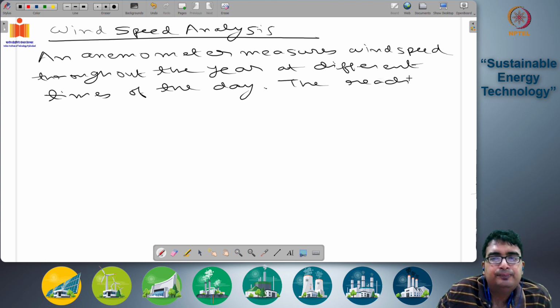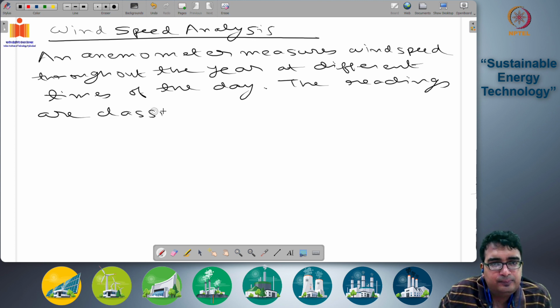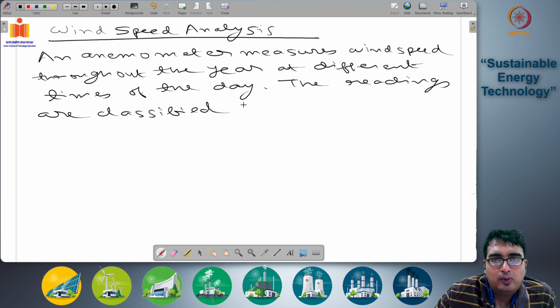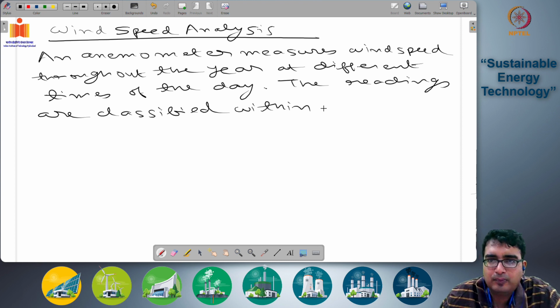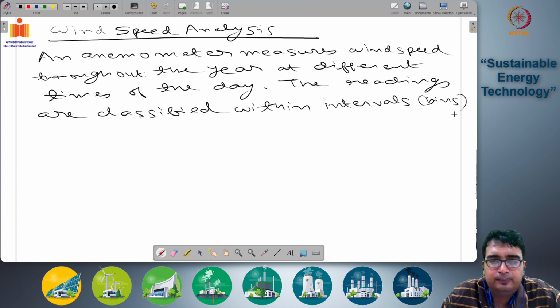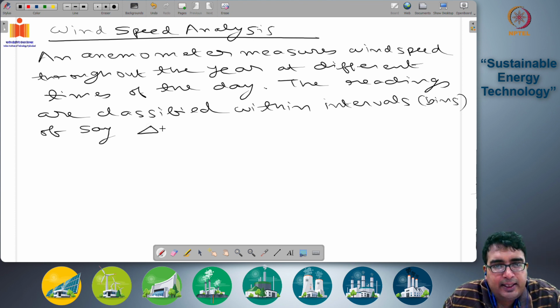The readings are classified within intervals, bins of, say, delta u. So these are classified into velocity intervals.